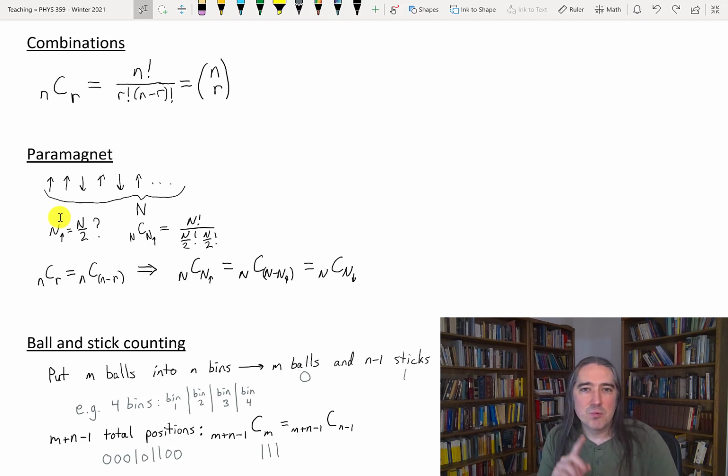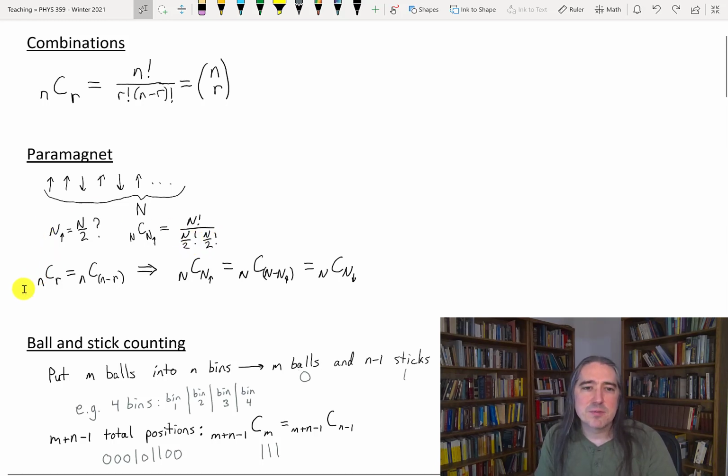But we care which particular ones are pointing up. So this would be n choose n up, or n choose n over 2. Just plug in the formula. It's n factorial over n over 2 factorial, and n minus n over 2 is also n over 2, so n over 2 factorial again.